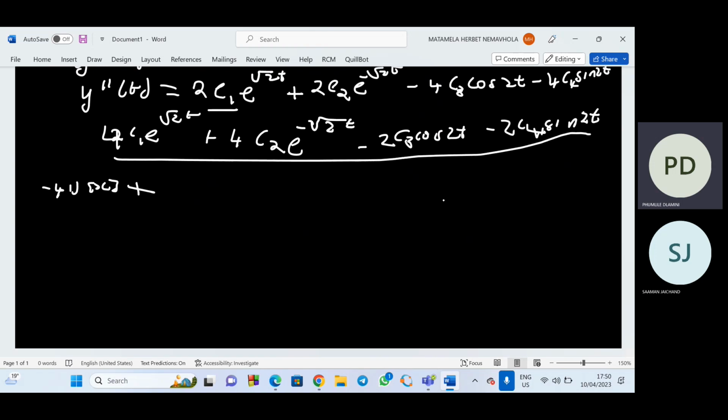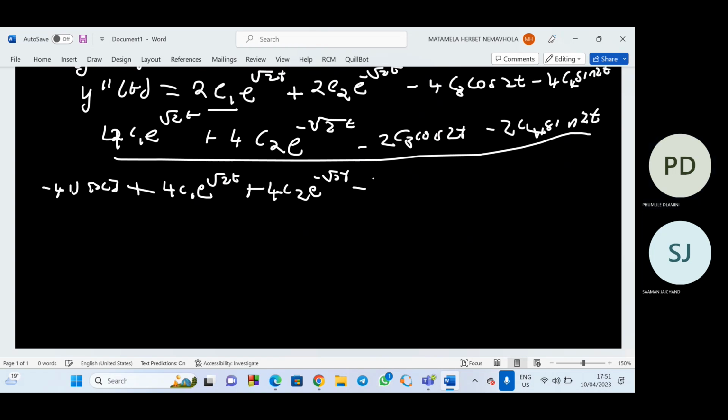You just add everything the way it is: 4c1 e to the power square root of 2t plus 4c2 e to the power negative square root of 2t minus 2, minus 2.